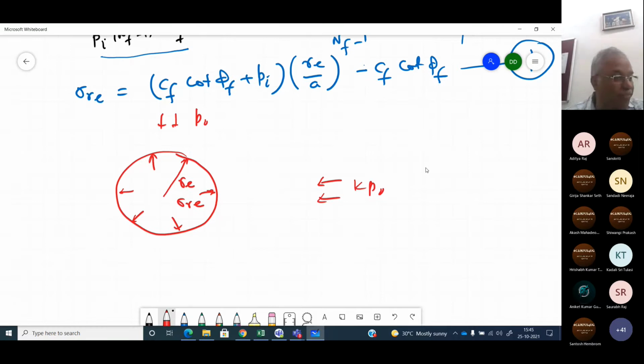Can you tell me what will be sigma theta theta at any point using Kirsch's solution?